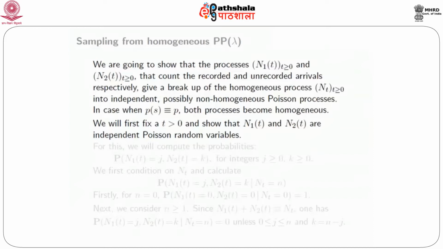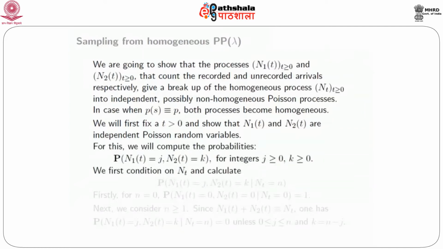We will first condition on N(t) and calculate the conditional probability of this event given N(t) equal to n. Firstly, for n equal to 0, we don't have to do anything, because given N(t) equal to 0, both N1(t) and N2(t) have to be 0 with probability 1. So we consider now n greater than or equal to 1.